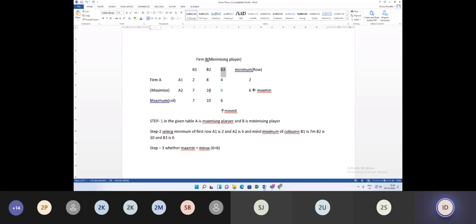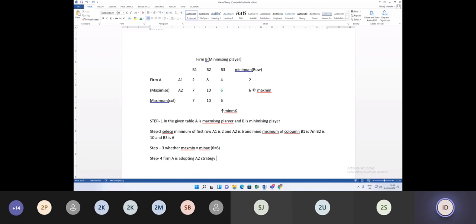Now here, the strategies to be adopted, step number 4. Just in short I will write, not lengthy. Step number 4: the firm A is adopting the A2 strategy.